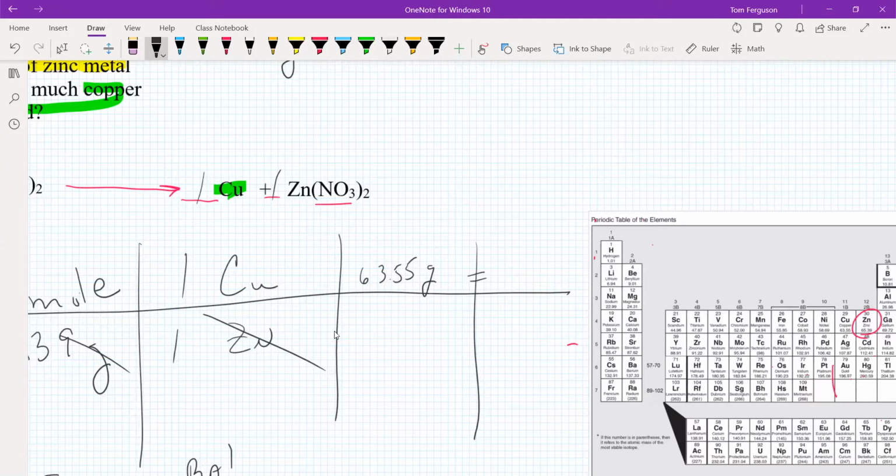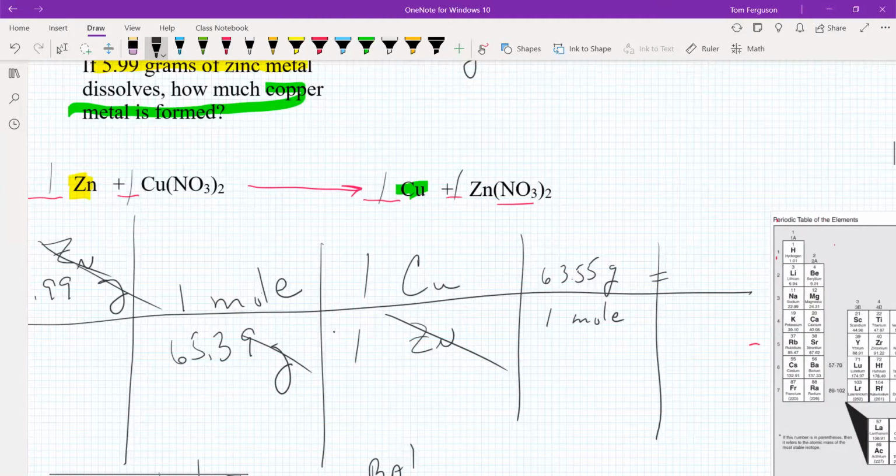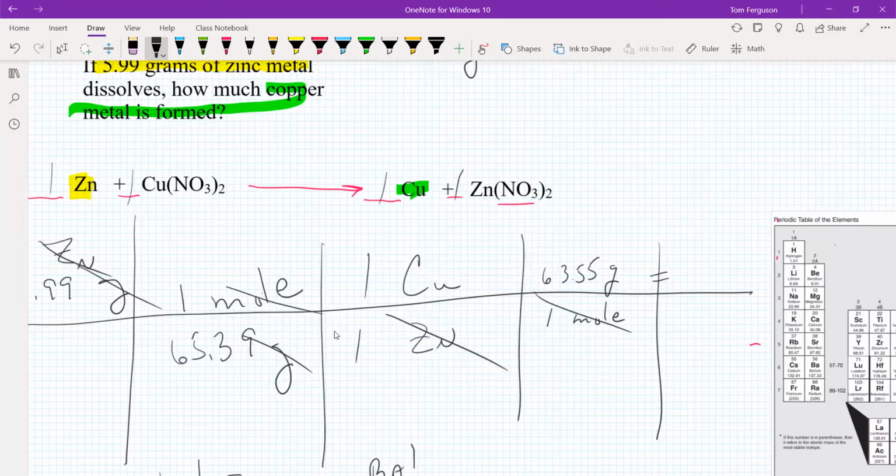Notice our moles cancel, leaving us with grams of copper. What are we trying to calculate? Grams of copper. So our units work out.